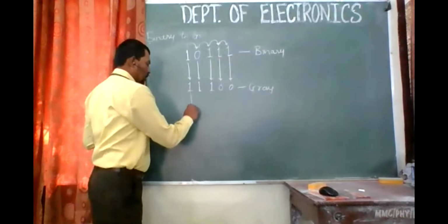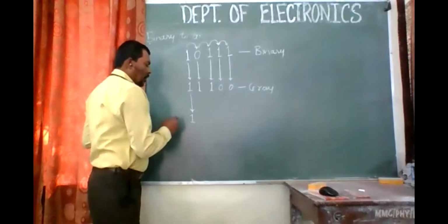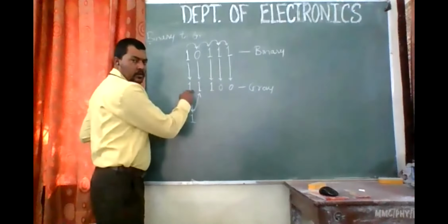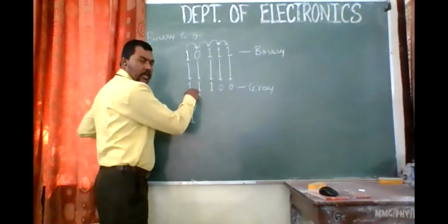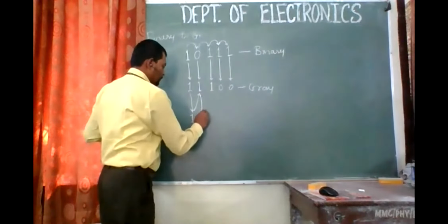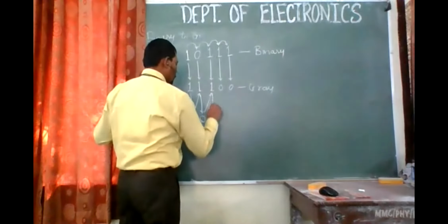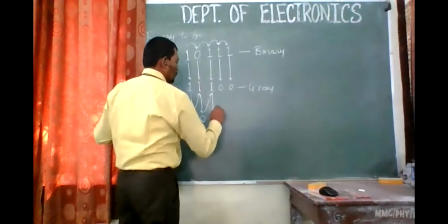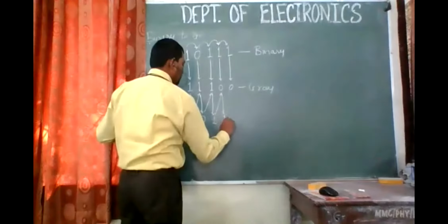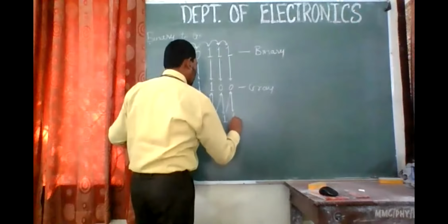Now coming back and doing it from gray to binary, we have to do the same procedure. We take the MS bit as it is, 1, but now whatever the result is, we need to add it to its adjacent bit. So 1 plus 1 is 0, 0 plus 1 gives 1, 1 plus 0 gives 1, and 1 plus 0 gives 1.